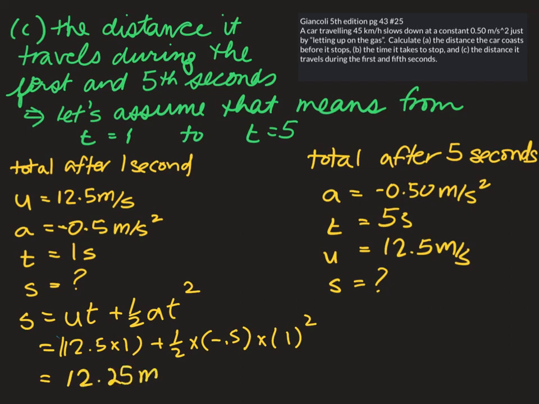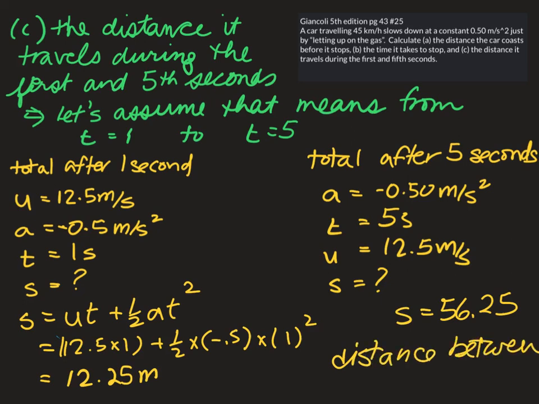Now I'm going to use the exact same equation on the other side, but in this case, my time is now 5 seconds, and you will get a value of 56.25 meters, which means the distance between those two that we're looking for is just going to be subtracting those two values, and you'll get 44 meters.